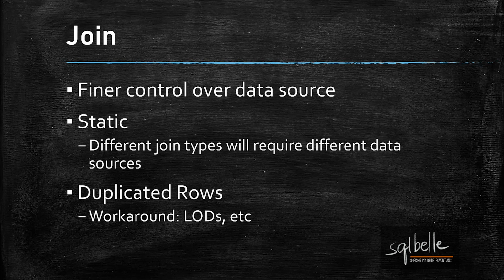And also because of the nature of joins, we are potentially going to get some duplicated values for some columns, for example, salary. And our typical workaround is a level of detail expression. So joins are powerful, but it's not without its limitations.